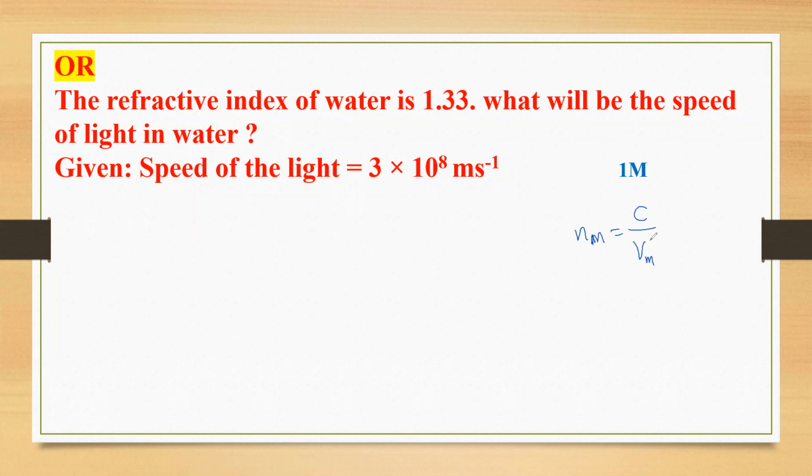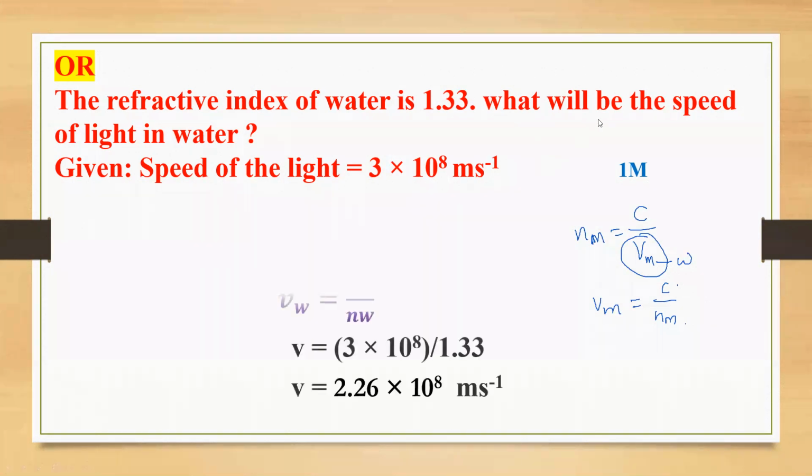Here they are asking the speed of light in medium. Which medium? Of course, given as water. So Vm is equal to C by refractive index. Just substitute these two values already given. Then you will get the answer. Okay. See the answer?